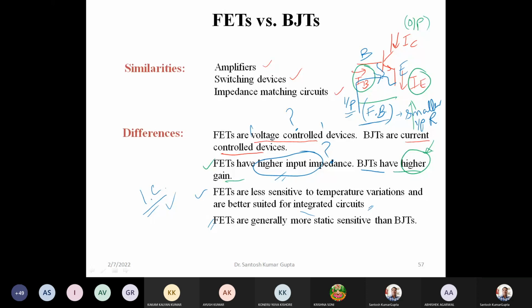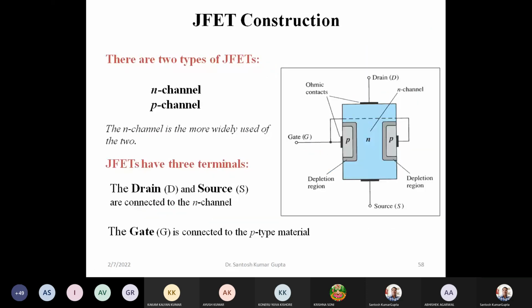To start, let us look at what the FET looks like. Similar to the BJTs, which were of two types, NPN and PNP, we also have two types of junction field effect transistors: one is called N channel, another is called P channel.